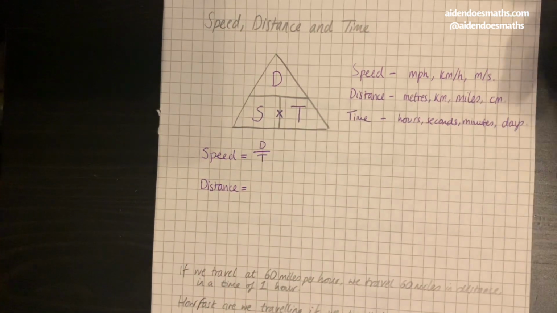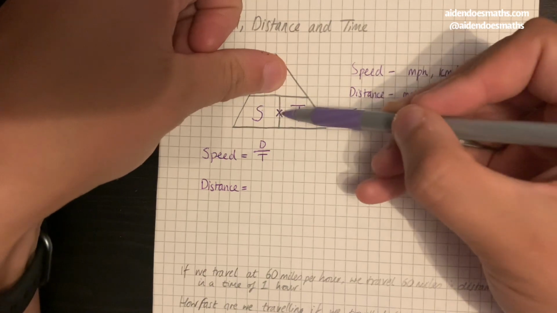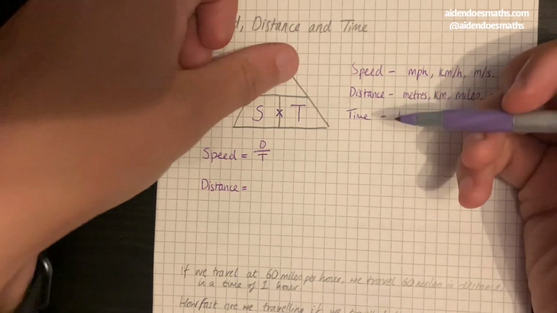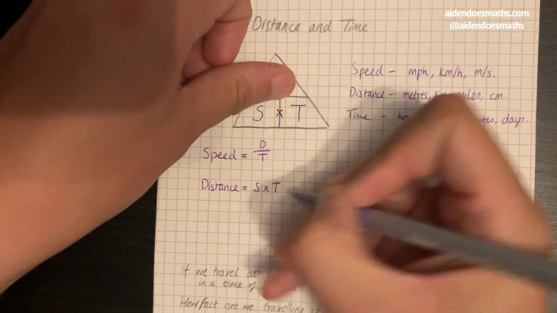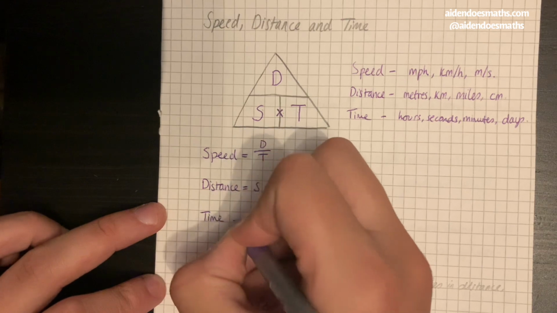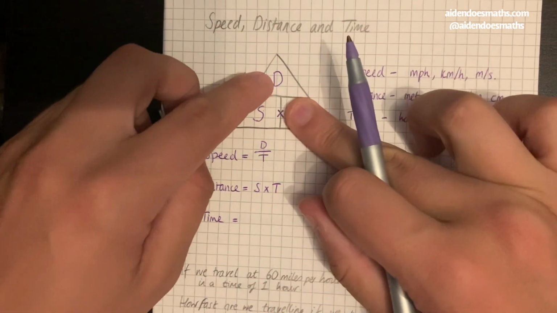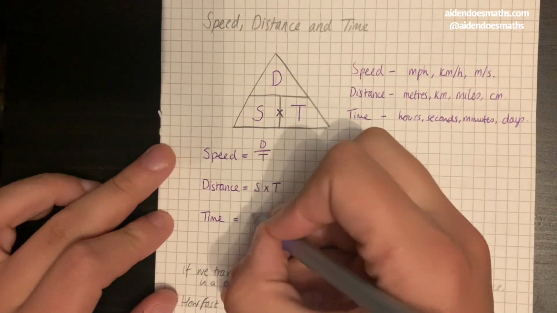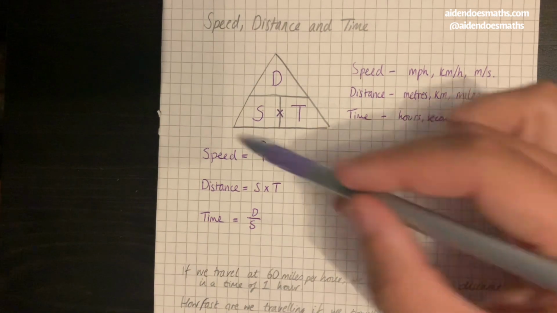Distance is speed multiplied by time, and all we're doing is covering up distance. So speed times time. And lastly, you'll probably be able to do this by now. Time equals, cover up time, distance over speed.